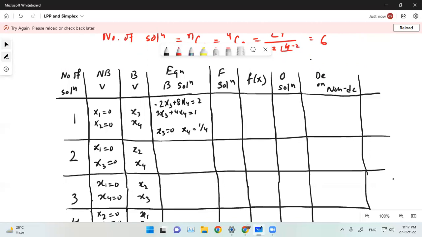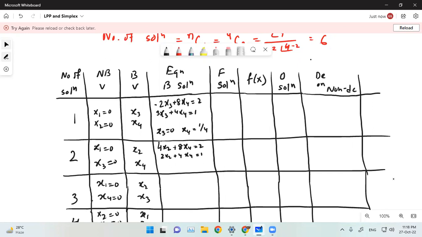Next, 130. So you can write 4x2 minus 2x3 equal to 2, 2x2, 4x2 plus 8x4 equal to 2, and then you will have 2x2 plus 4x4 equal to 1.